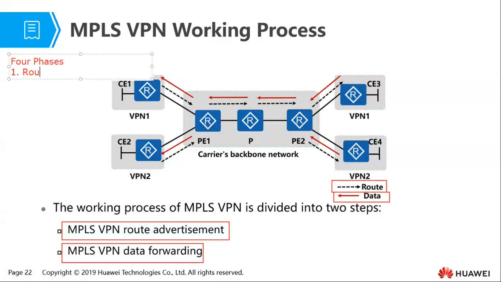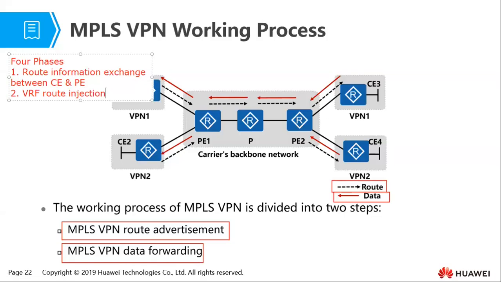Now, the first phase is what we call route information exchange between the CE and the PE. So we need to advertise routes between the CE and the PE. That's the very first thing we have to do. Then the next one is VRF route injection to MP-BGP.